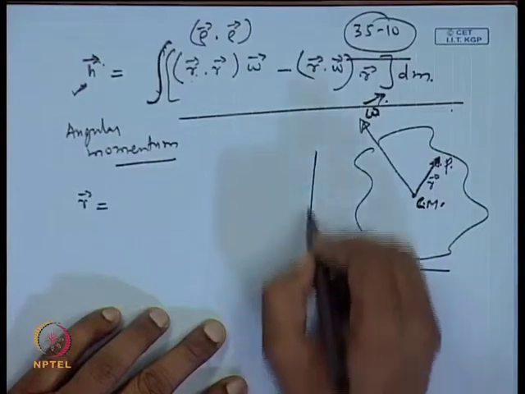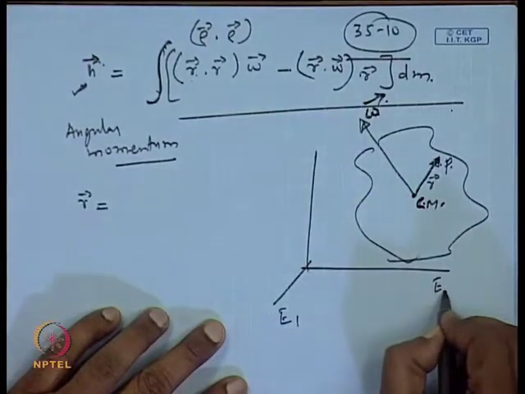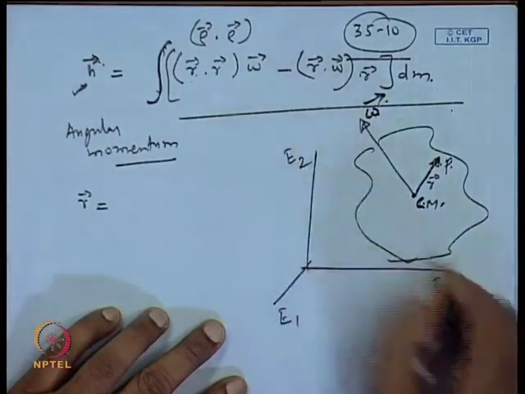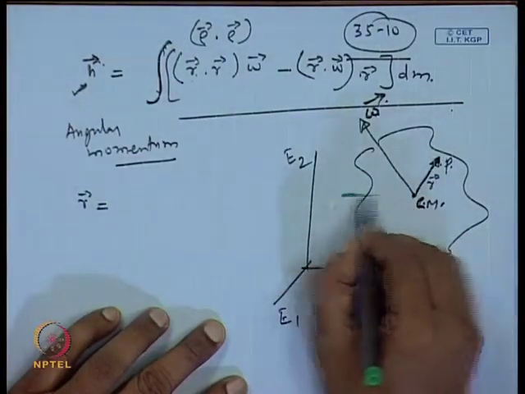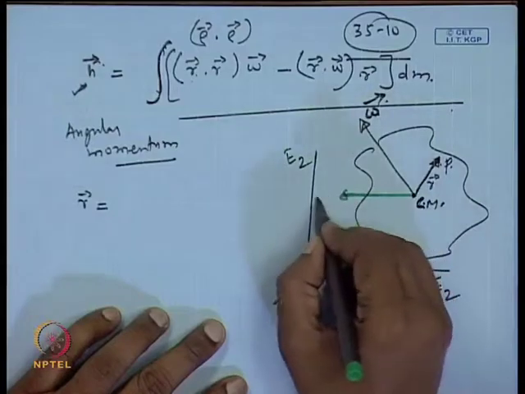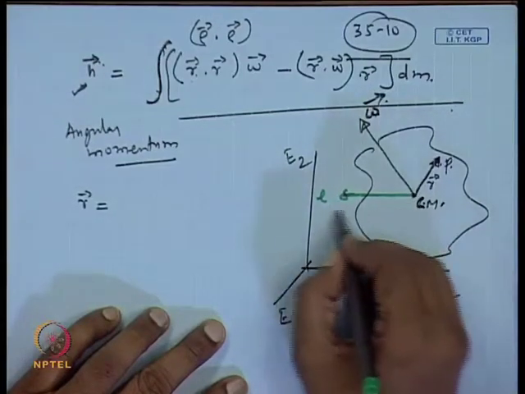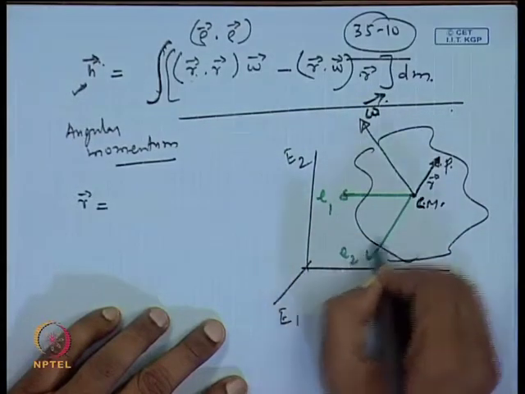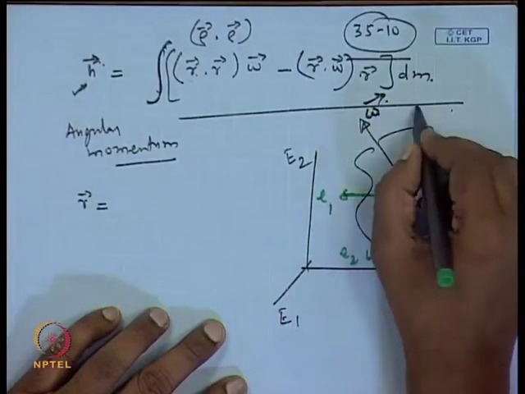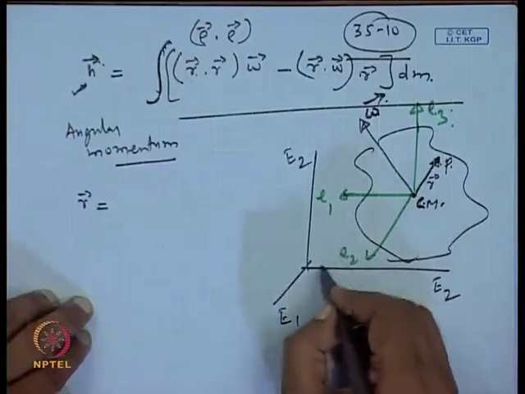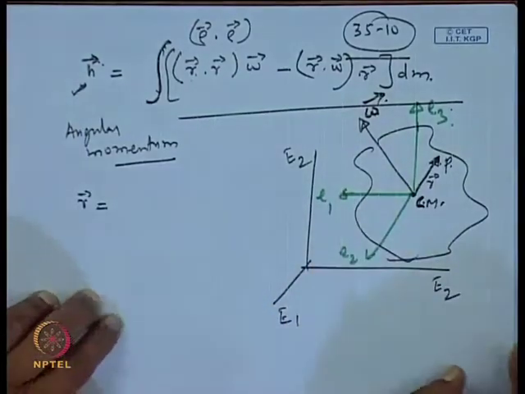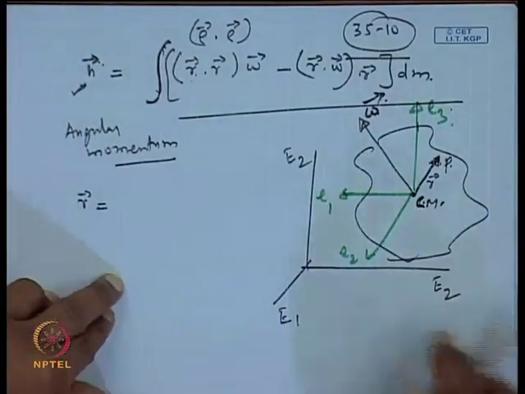And this was our principal inertial reference frame, and we had another frame which was fixed in this body at the center of mass. This was E 1, E 2 and E 3. So, these are the body axes, and we choose unit vectors E 1 cap, E 2 cap and E 3 cap.